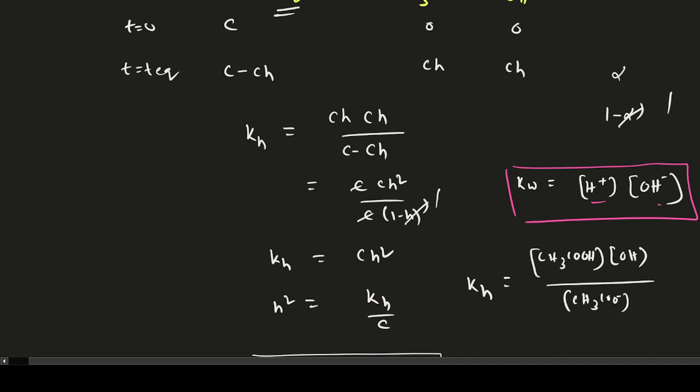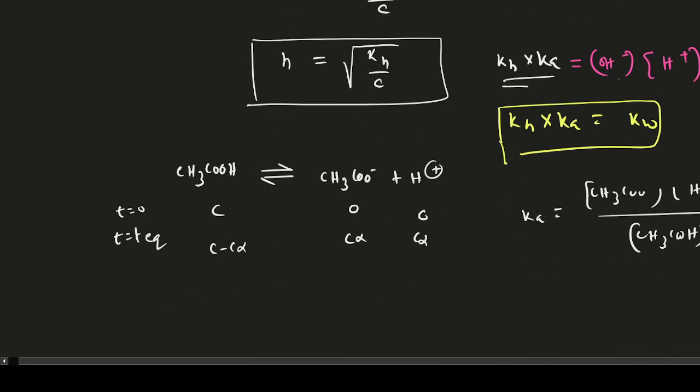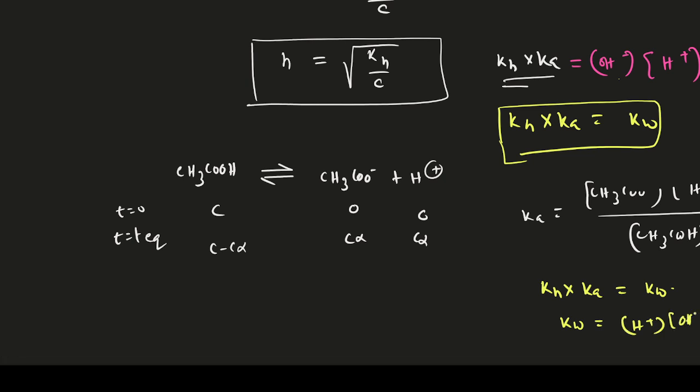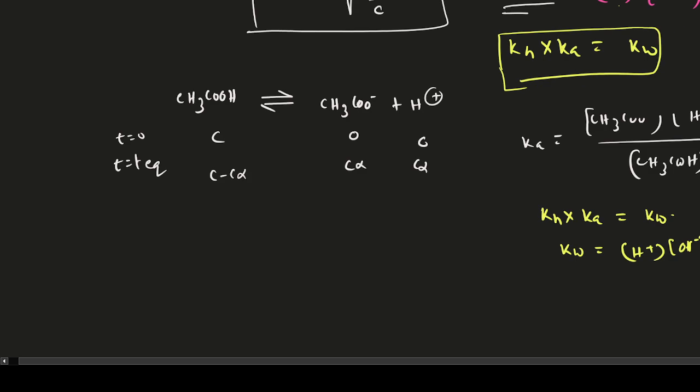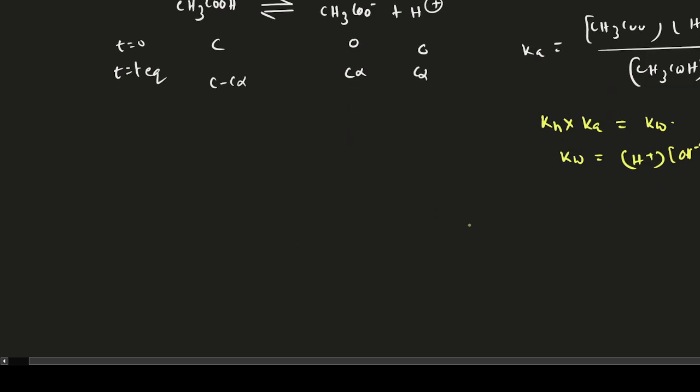So I got Kh into Ka equal to Kw. Now I want to calculate the H plus concentration, so from here I can calculate it.